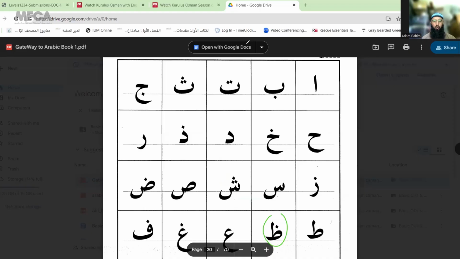Ta. One more time. Not ta, but tha, because of the dot, right? So ta will be the one without the dot before it, and this is letter tha with a dot. Tha. Very good. Ahsant.